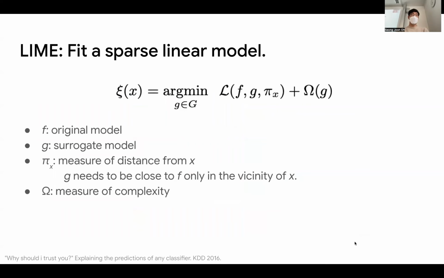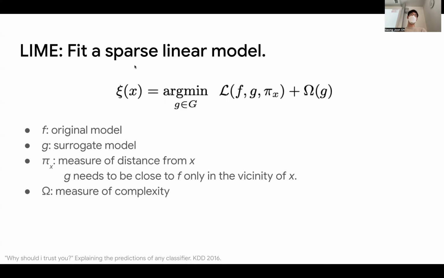Now let's talk about something that's a little bit more realistic. It's called LIME. It's been a very popular method for the explainability community for 5+ years. The strategy is to train a surrogate model, which is explainable by definition.